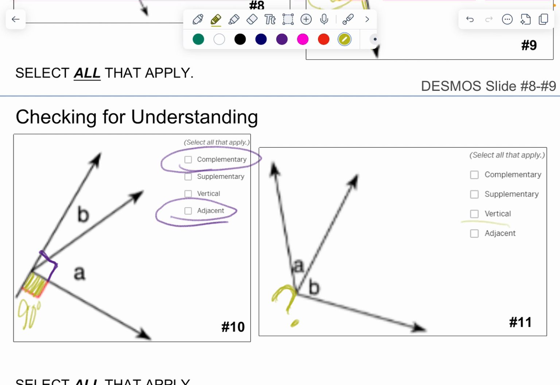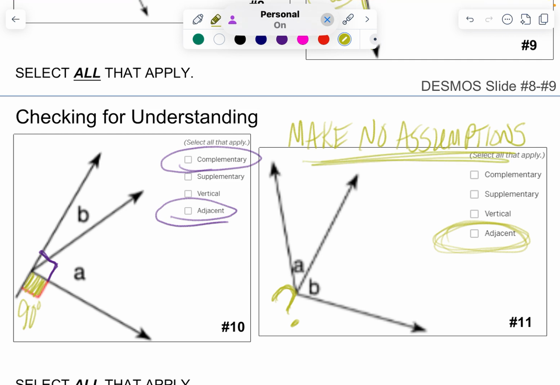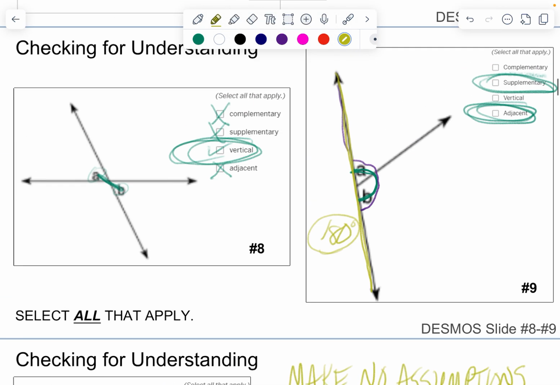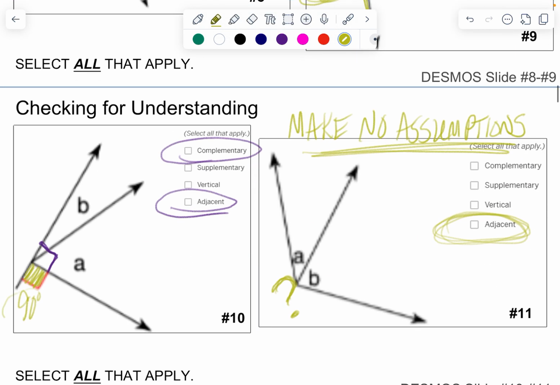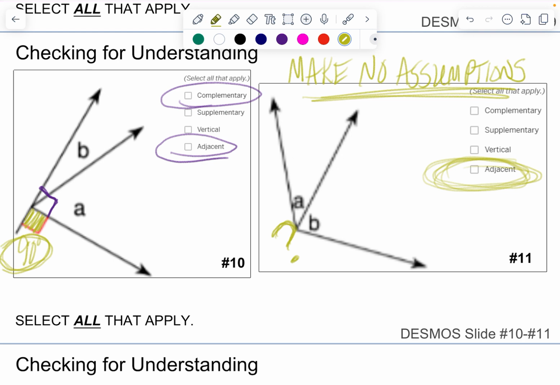So all I have there are adjacent angles. Even though that might look like it's pretty close to being a right angle, we cannot assume. Make no assumptions. You cannot assume in geometry. You have to be able to prove it all. Here I can prove it with that 180. Here I could prove it with this 90. I have nothing to support a proof on that one. So all I have there are adjacent angles.